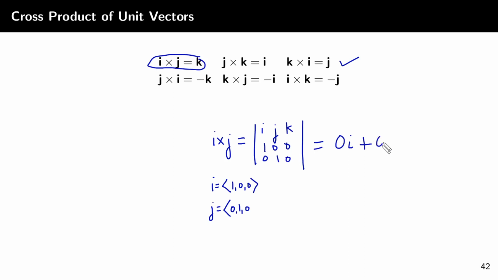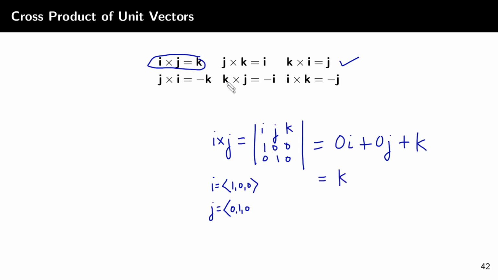That's also just 0. So, 0 times j. And then, plus, actually, there's a negative in front. But since it's 0 anyway, we get the same thing. Then, for k, we have 1 times 1 minus 0 times 0. And that's 1. So, 1 times k. So, that's just equal to k.